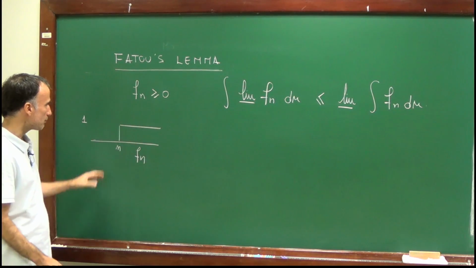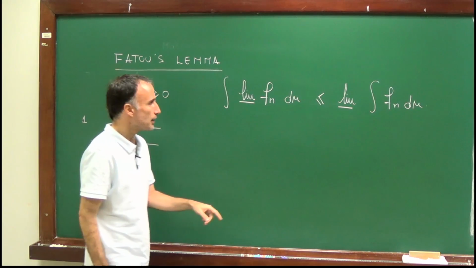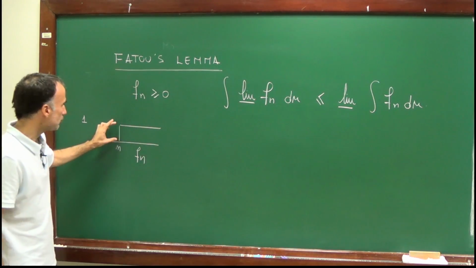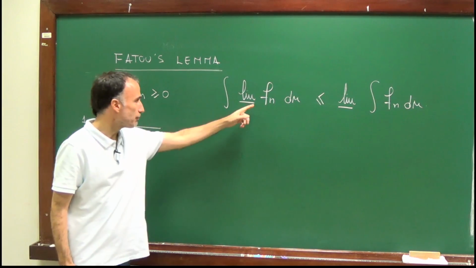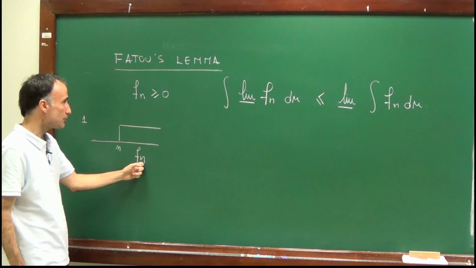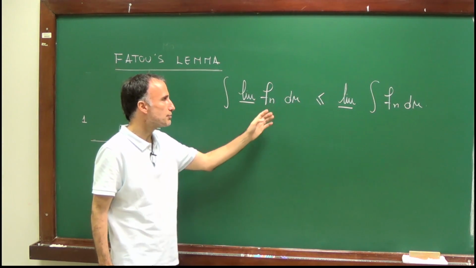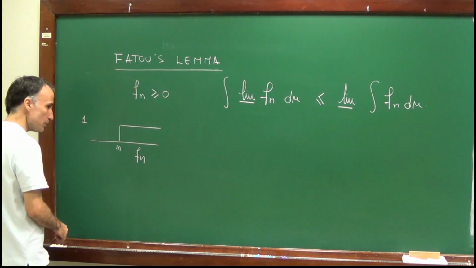So this is the graph of your function fn. So it's clear that the integral of fn is equal to plus infinity for any n, while fn is converging pointwise to 0, so the integral of 0 is equal to 0, and therefore we have a strict inequality in this example.